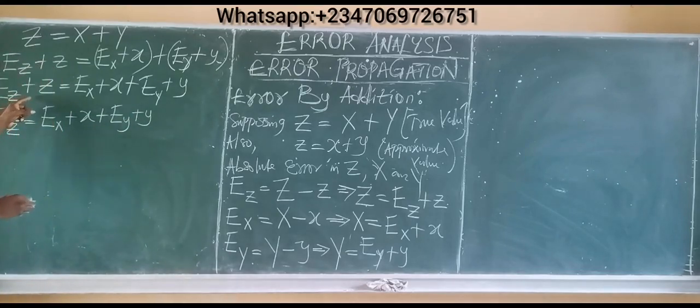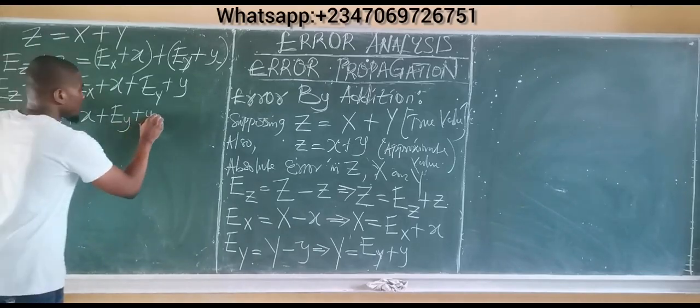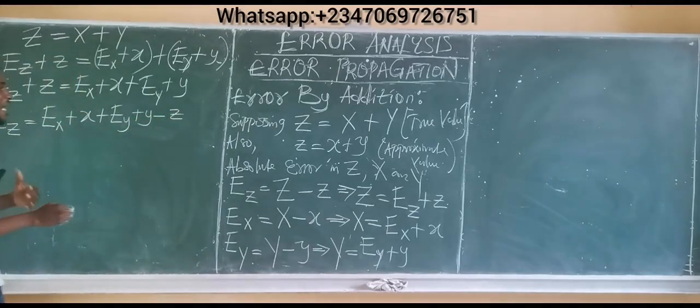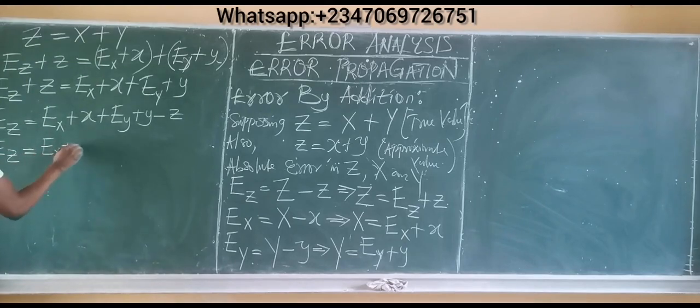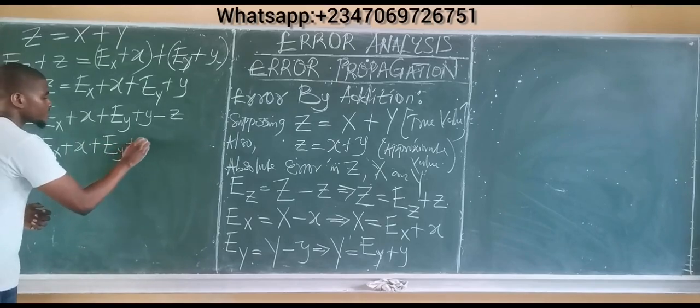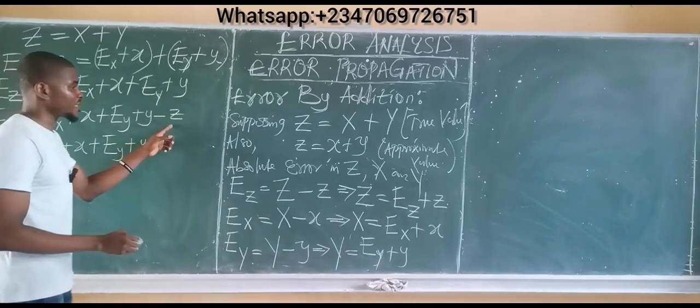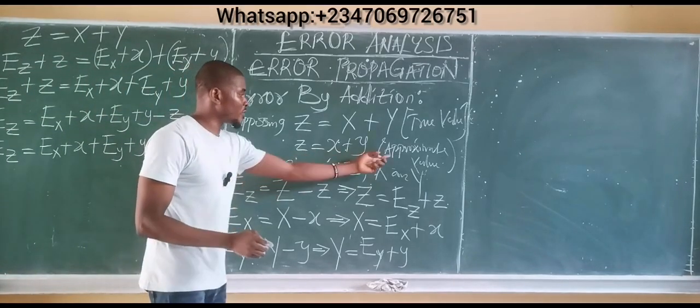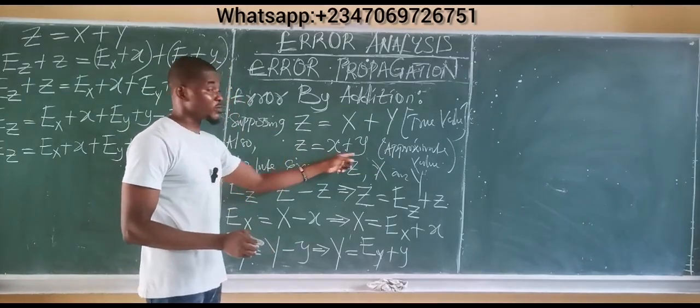Now if I send the approximate value of z over here, remember it is positive here, so positive crossing an equal sign becomes negative, so I have minus small z. So the error in that quantity z is going to be equal to error in x plus small x plus error in y plus small y, minus, not forgetting we said the approximate value of z is equal to small x plus small y.